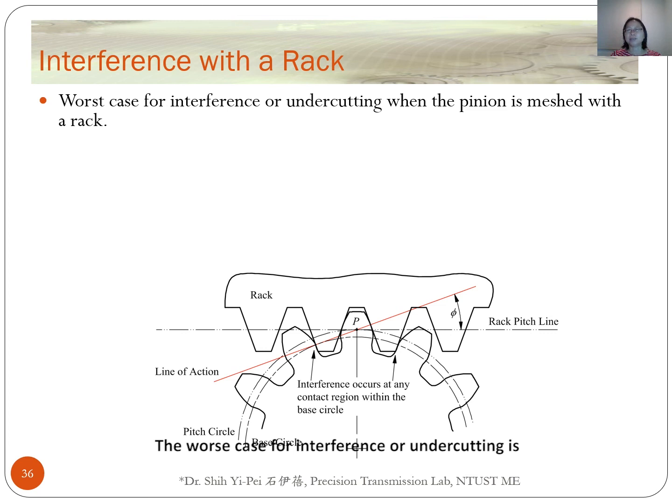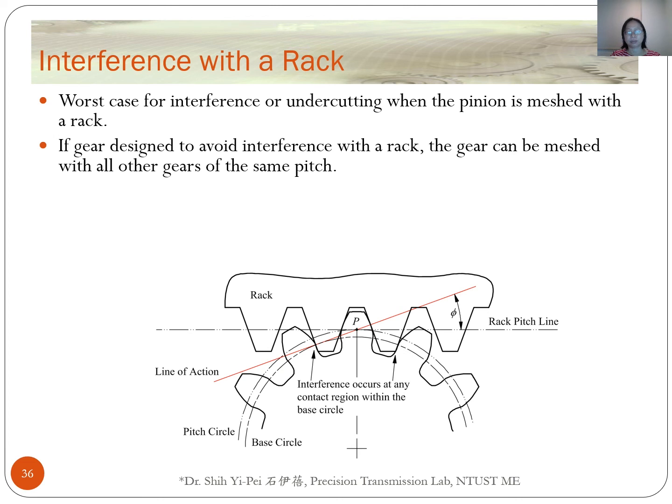The worst case for interference and undercutting is when the pinion is meshed with a rack or generated with a rack cutter. Therefore, if we design the gear to avoid interference with a rack, the gear will mesh with all other gears of the same pitch.